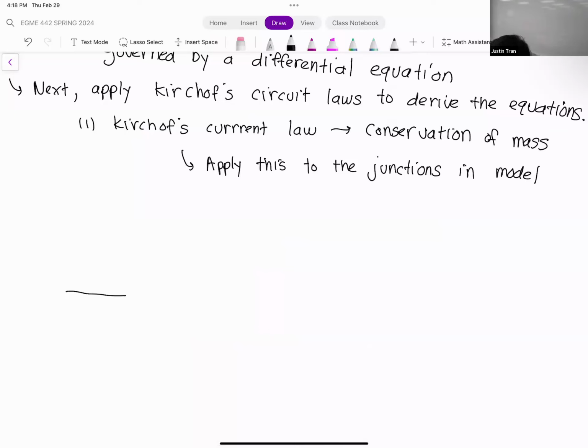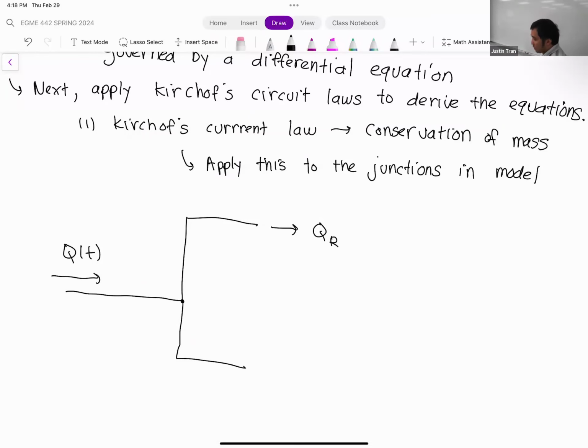If we blow this up, coming into this junction we have Q of T, that is our inflow condition. Some of that flow is going to go to the resistor, QR, and some of that flow is going to go to the capacitor, QC.